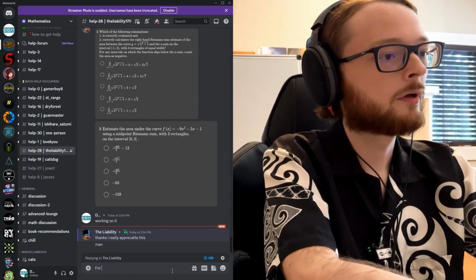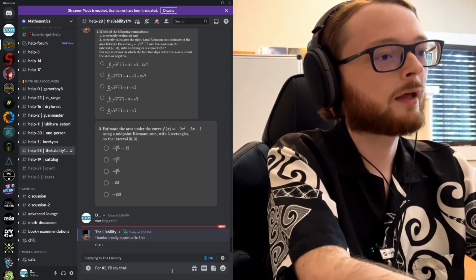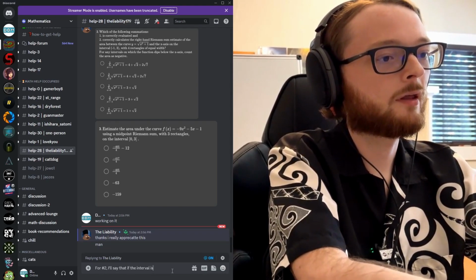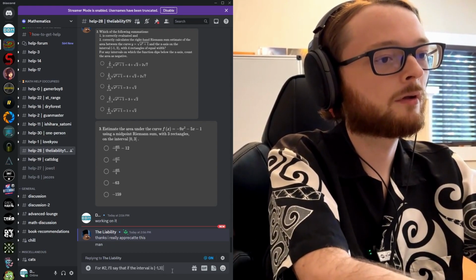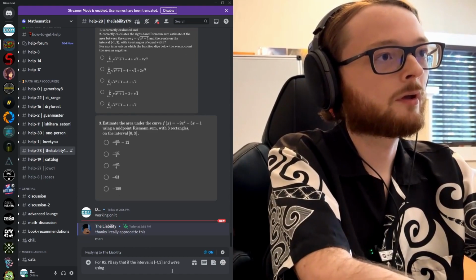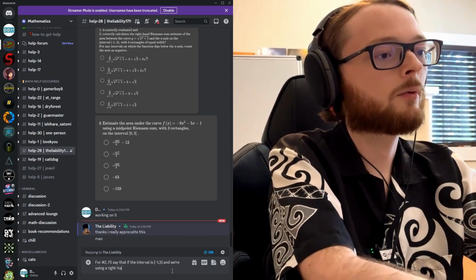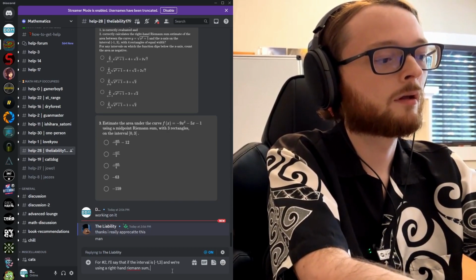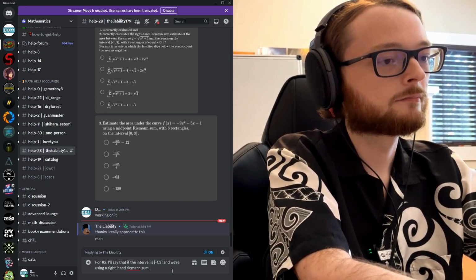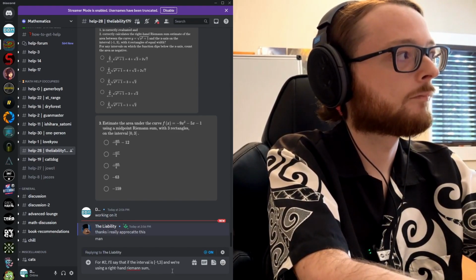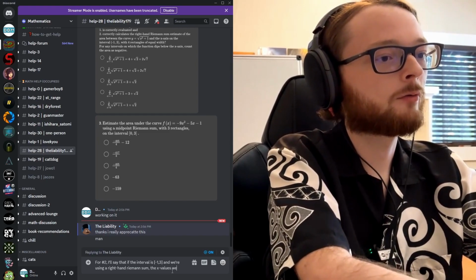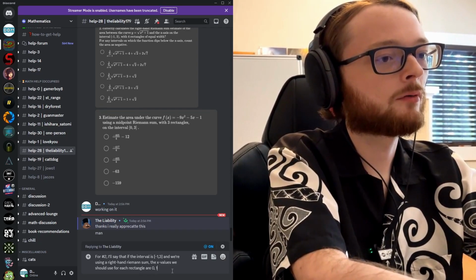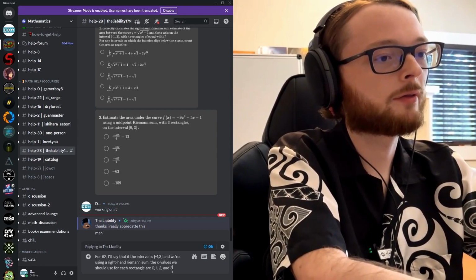Okay, so for number 2, I'll say that if the interval is -1 to 3, and we're using a right-hand Riemann sum, the x values we should use for each rectangle are 0, 1, 2, and 3.